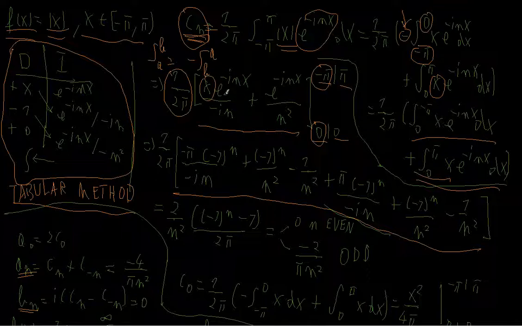So if I plug in 0, I get 0, but here I will have 1 over n squared, and because it's the lower boundary, it's negative, okay, remember for the integral from a to b, we plug in b, and then negative, we plug in a, okay. It's the lower boundary, and so we put negative in front of everything. I think you should understand what I'm saying, I hope at least. So I have negative 1 over n squared.